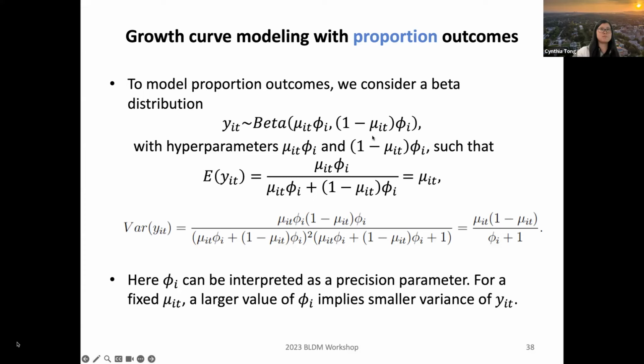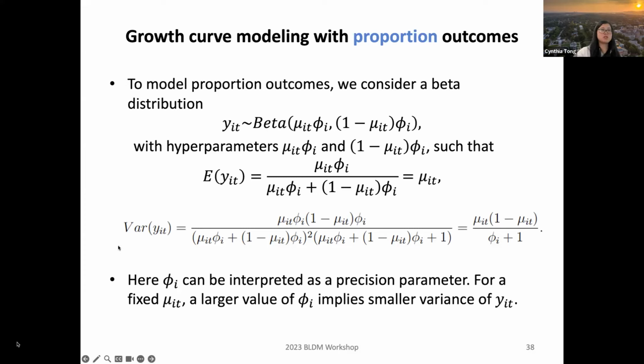These are the hyperparameters. By specifying them like this, we can guarantee that the expectation of Y_it equals mu_it, because the expectation of a beta distribution equals the first hyperparameter divided by the sum of both hyperparameters, and that gives us mu_it.